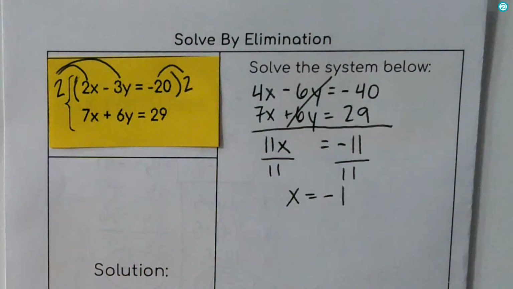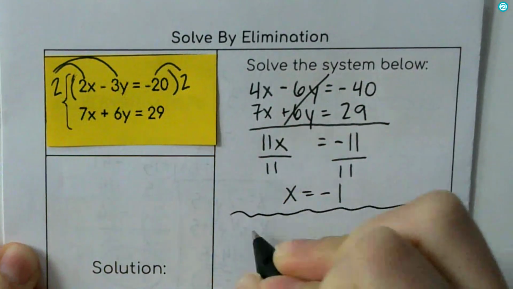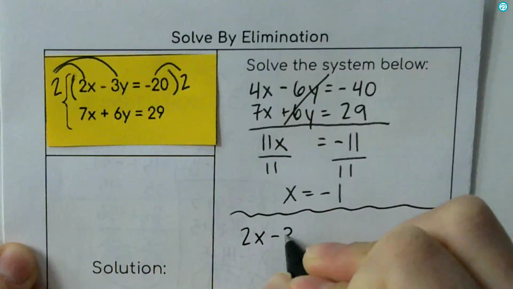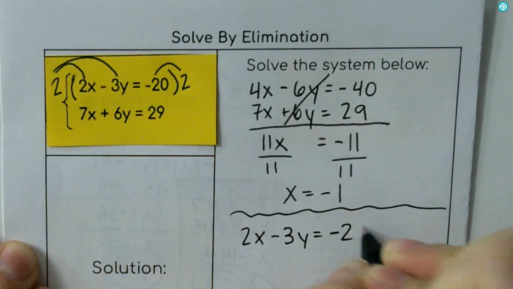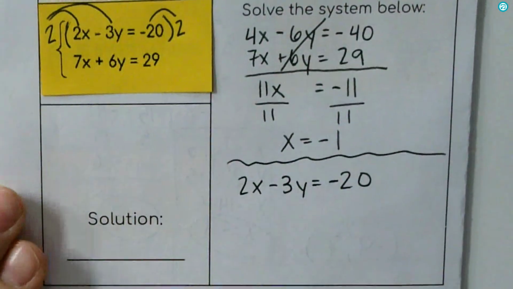Now that we know what x equals, we need to solve for y. So we can take that negative 1 and plug it in in either original equation. I always do the first one. So I'm going to take that top original equation, 2x minus 3y equals negative 20. And I am going to plug in negative 1.